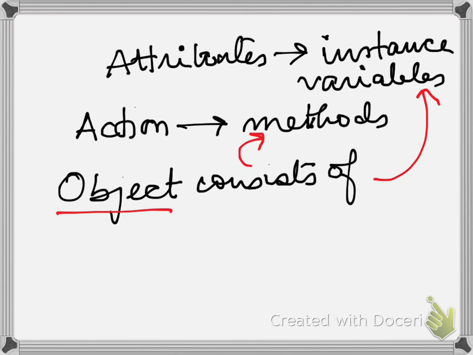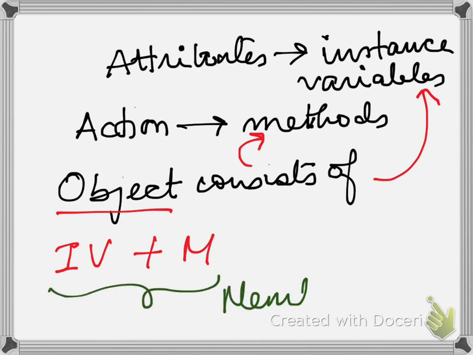Similarly, if you have only data but no methods which will use this data, then also it is useless. So an object must have both instance variables and methods, and together both of these are called members of that object.